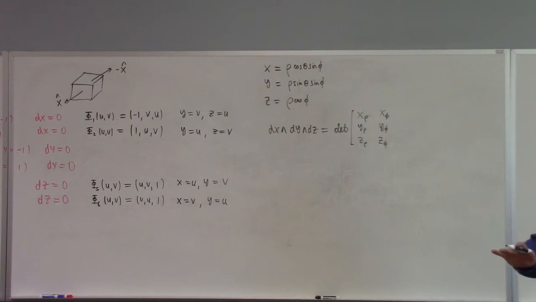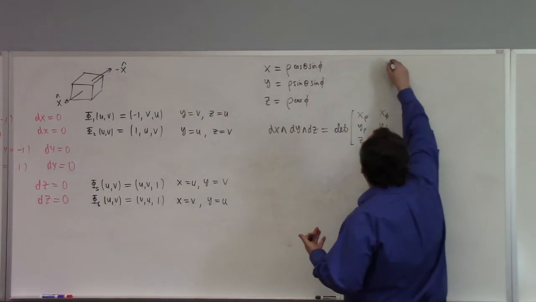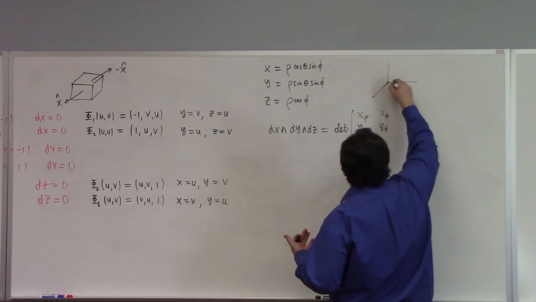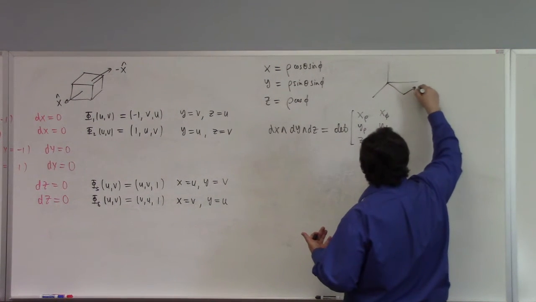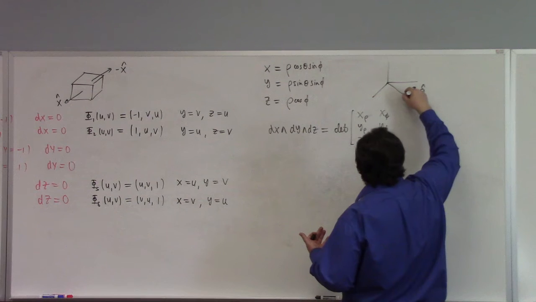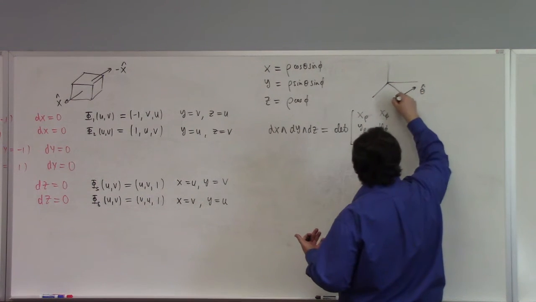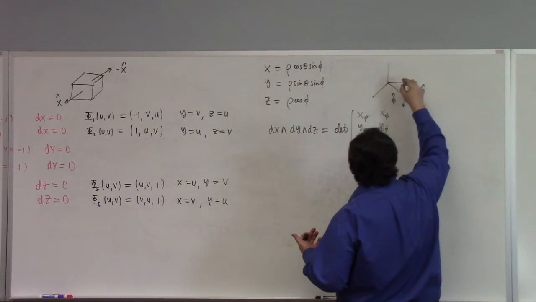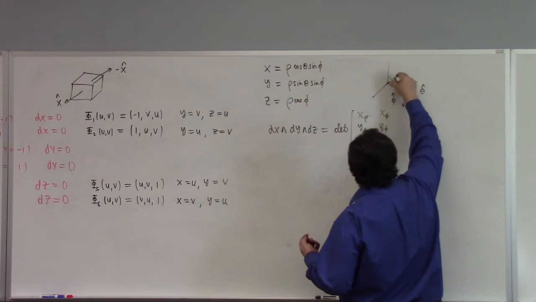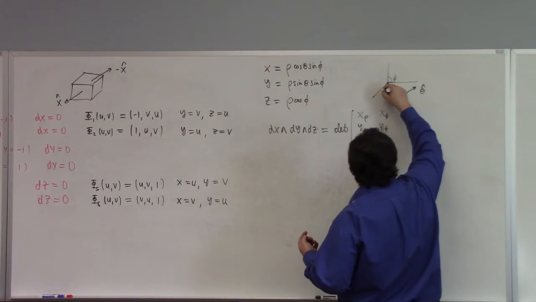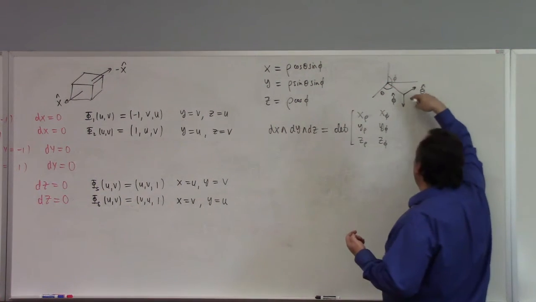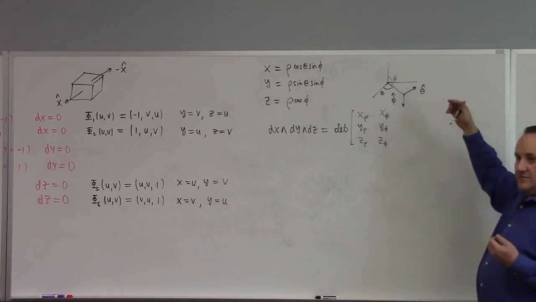The proper orientation of the spherical coordinate system puts phi first, then theta. The reason being, if you remember how these things work, this would be theta hat, and phi hat would be directly down, because we're measuring phi like this, whereas we're measuring theta like that. So these are the unit vectors in increasing theta and phi.